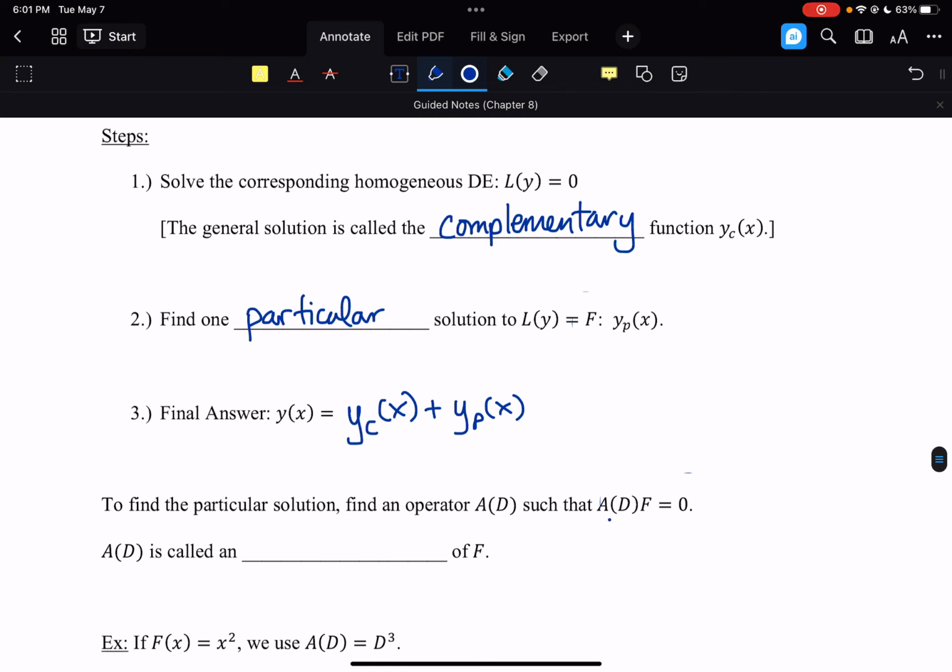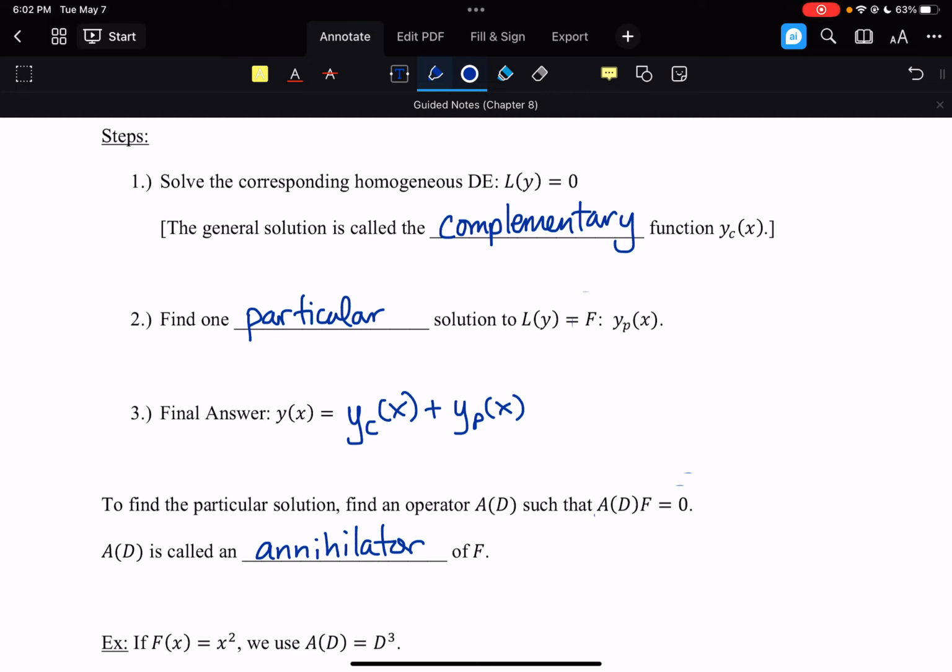This operator, that when we apply it to the function f becomes 0, is called an annihilator, which probably sounds a bit cooler than it actually is, but it is called an annihilator because it essentially annihilates this function. It turns that function into a 0, so it becomes nothing, essentially.